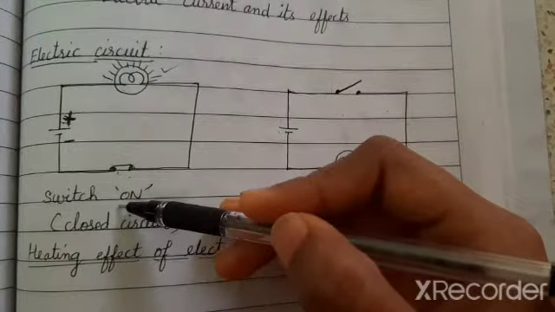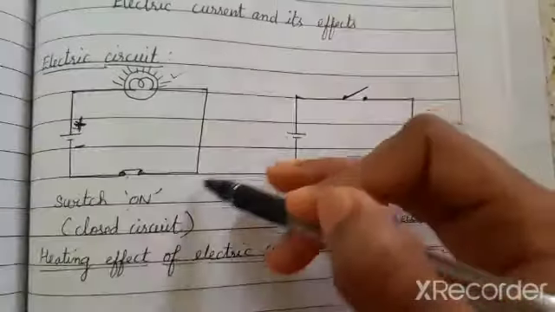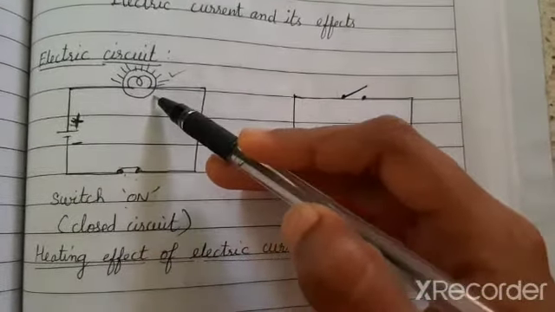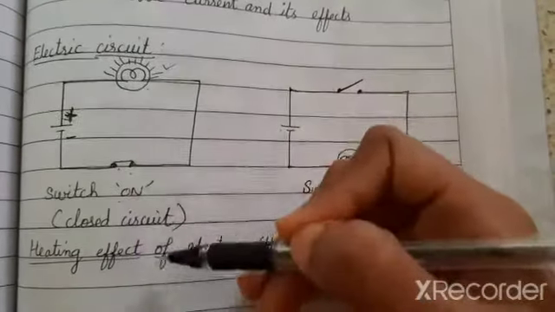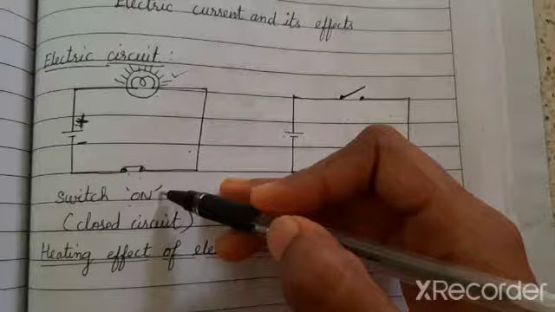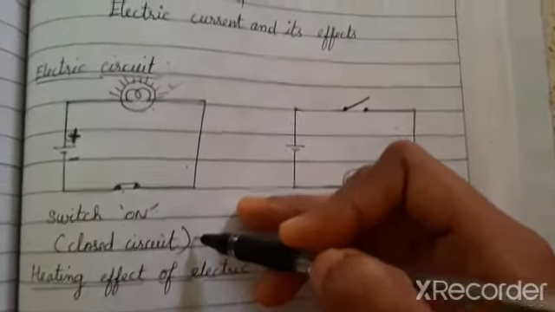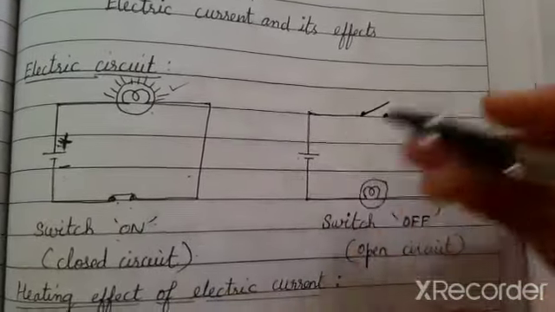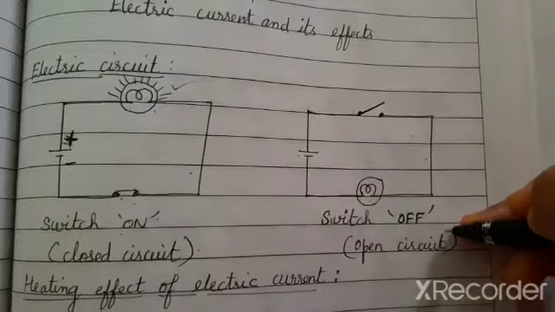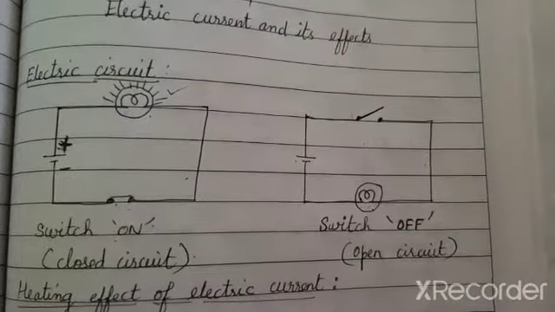When the switch is in on position, the circuit is complete and the current flows, and in return we get the bulb glowing. So this type of circuit, when the switch is in on position, we call a closed circuit. And if the switch is in off position, I call the circuit an open circuit.